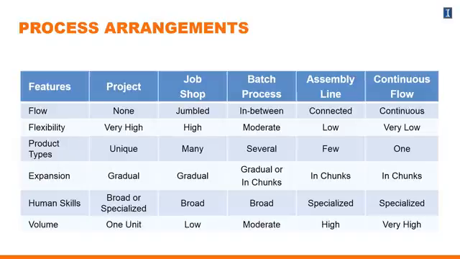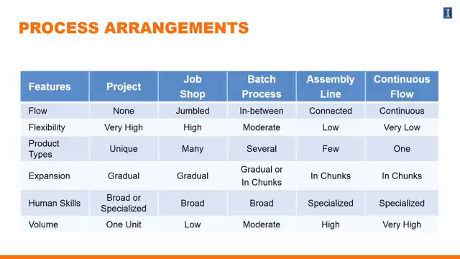Product types: going with flexibility in the case of a project, it's going to be a unique product. If you're installing ERP for a customer, you are taking care of their unique needs when you're installing that particular software for that customer. So it's going to be very unique for that customer. On the other end of the spectrum, if you look at the assembly line, there are going to be few product types that are made from that particular assembly line.